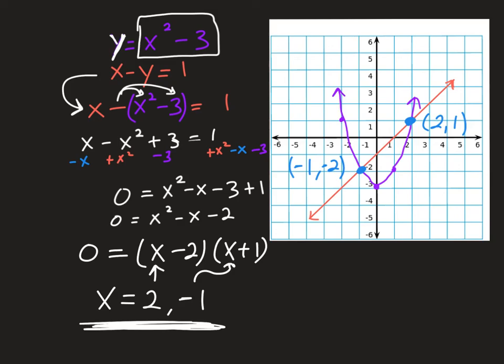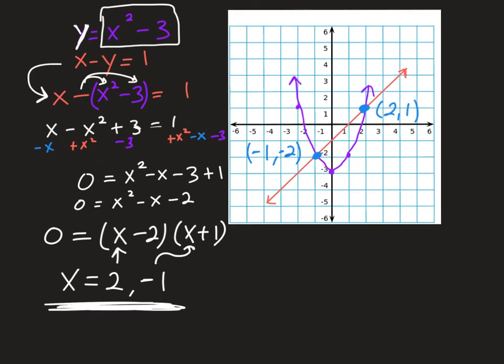So what I have is I found the two x values, but I still need to find their corresponding y values. So looking right here, where I have my x values of 2 and negative 1, let's write those as the start of the coordinates. I have 2 as an x value, and negative 1 as an x value, and I still need to find their corresponding y values.